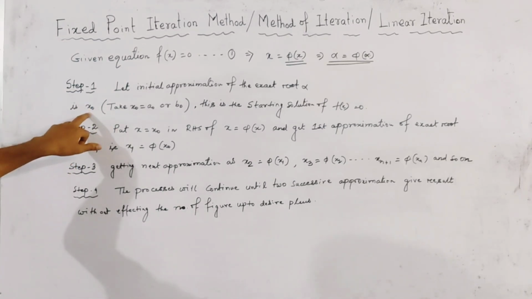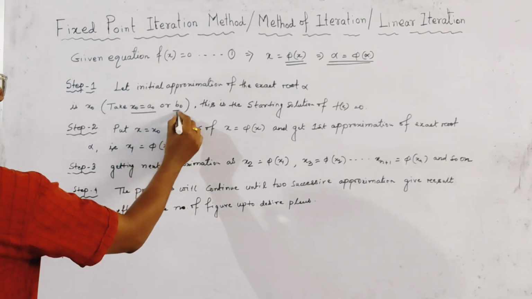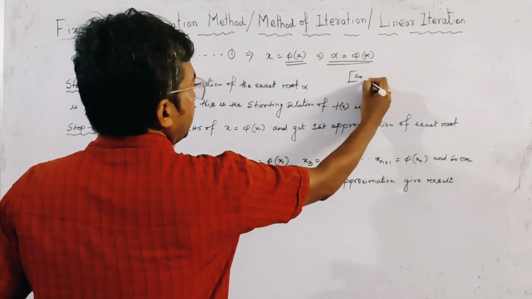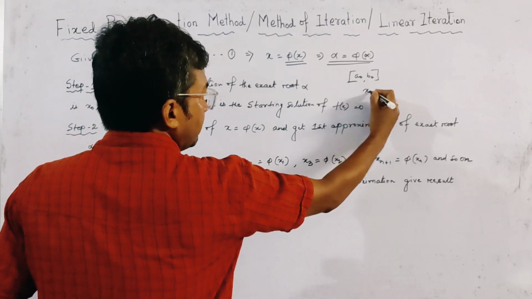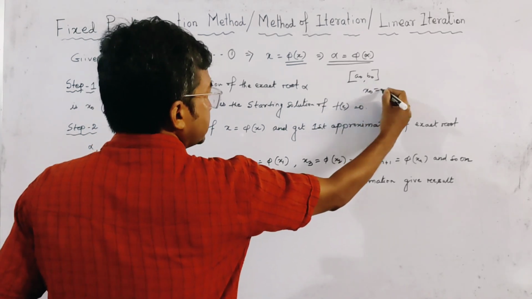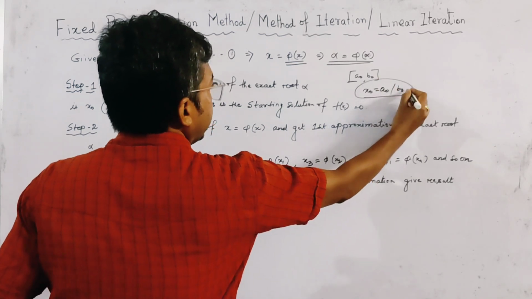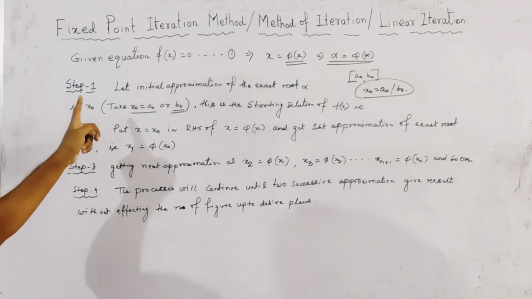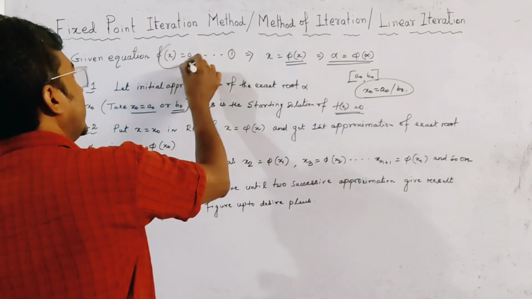This is the initial approximation of the exact root alpha, and it can be taken as either a0 or b0. We already have the initial interval of approximation [a0, b0], and we take the initial approximation x0 as either the left side a0 or the right side b0. Any one of them we can take. This is taken to be the starting solution of f(x) = 0, that is equation (1).